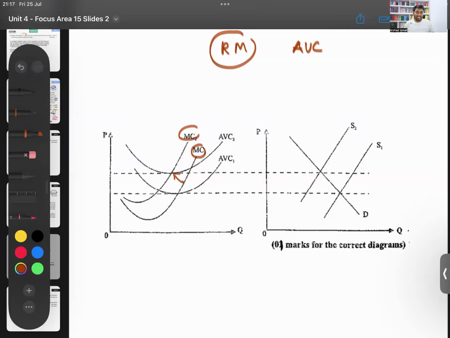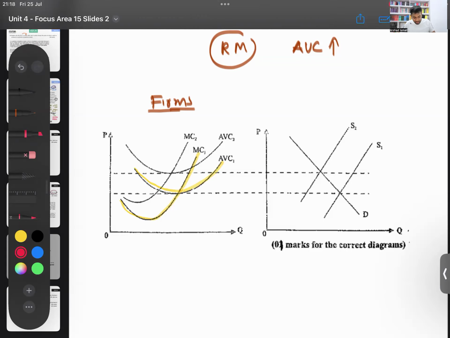Variable cost is also rising, no? And can you see the diagram now? This is how the firm's things change. So I'll show you the original ones. In yellow, this is the original marginal cost curve, and this is the original average variable cost curve.